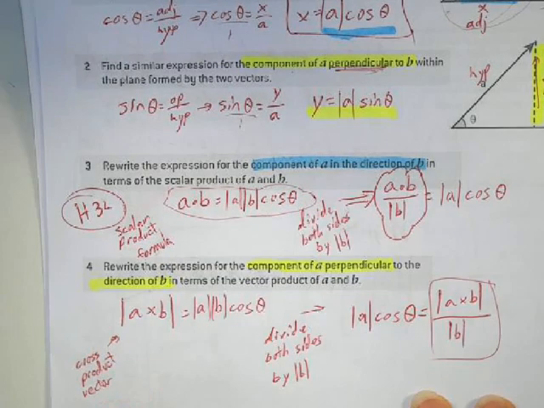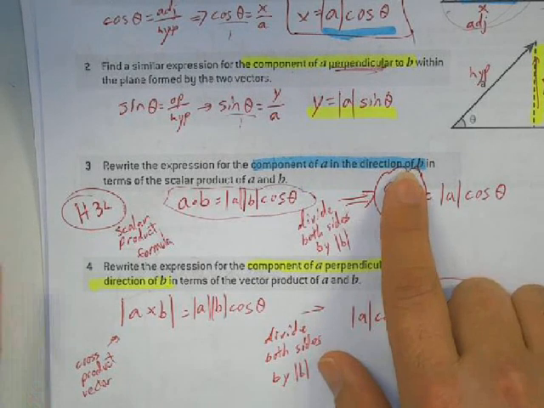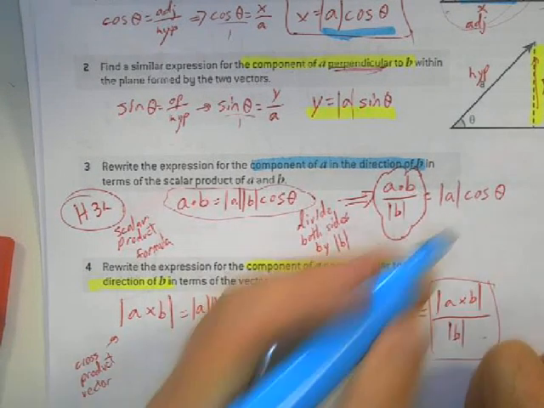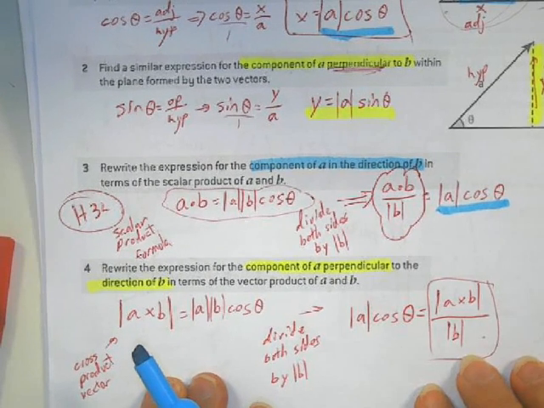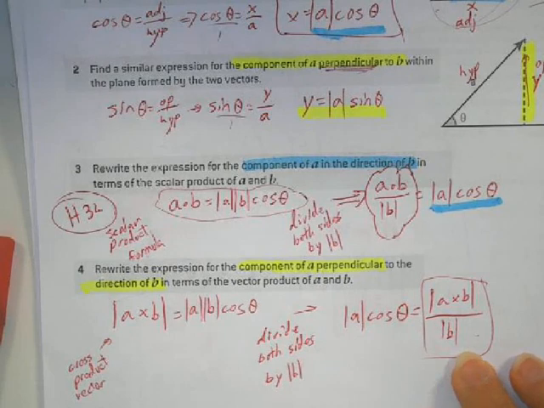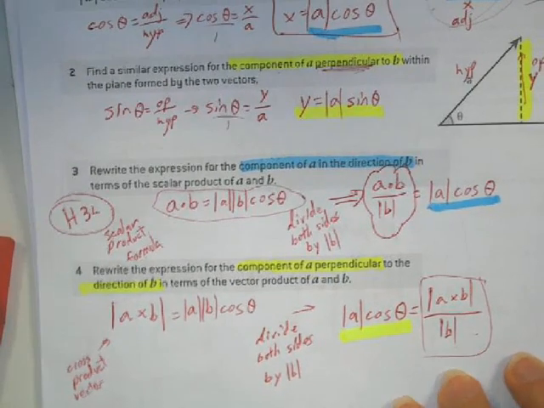Okay, and we're going to use these two relationships to help us with our next part here. So this gives us the component in the direction of B, or our x value of our column matrix. This gives us the y value of our column matrix. In fact, I'm going to write that down.